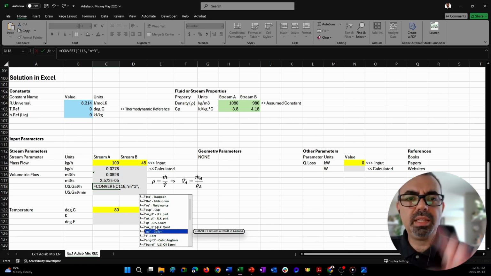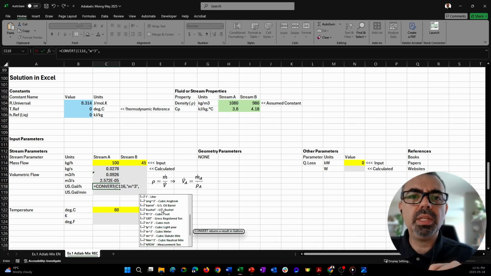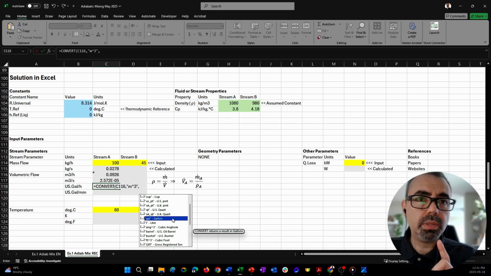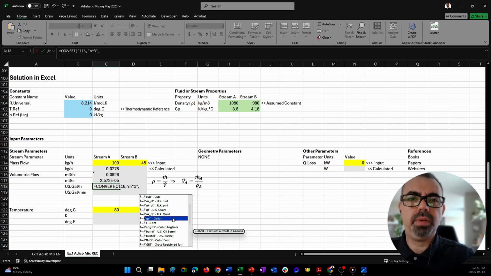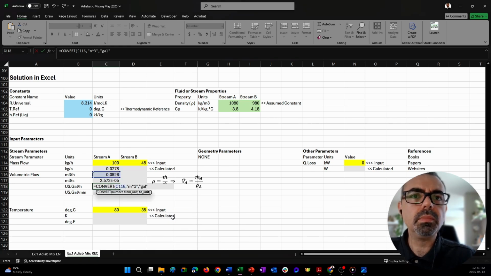It will give you already the summarized units available for volume. It's important to note that this convert function contains plenty of units, but it doesn't contain them all. So you always have to check, and in some cases you have to do a manual conversion by inputting the manual conversion factor. And that's it. We have gallons, we close the brackets, and that's it.